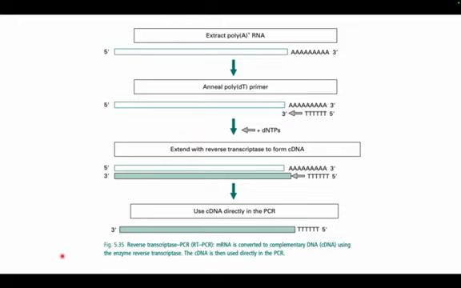Okay. So this is very useful when you want to look at the expression level of certain genes, right? Because that will be related to the amount of RNA that is present in the cell. So you can then quantitate the amount of DNA produced in the PCR, which will give you an idea of the amount of the original template.